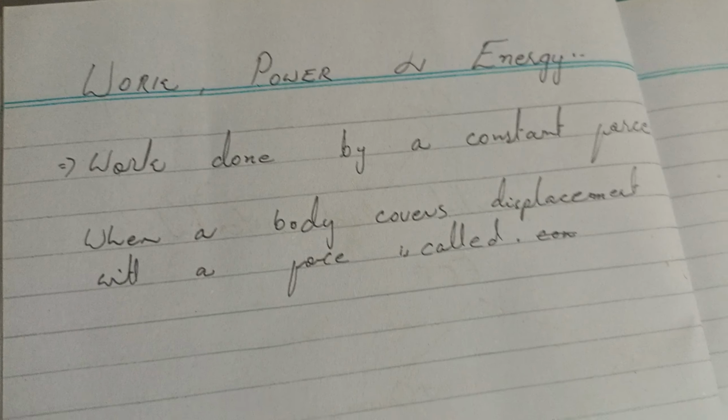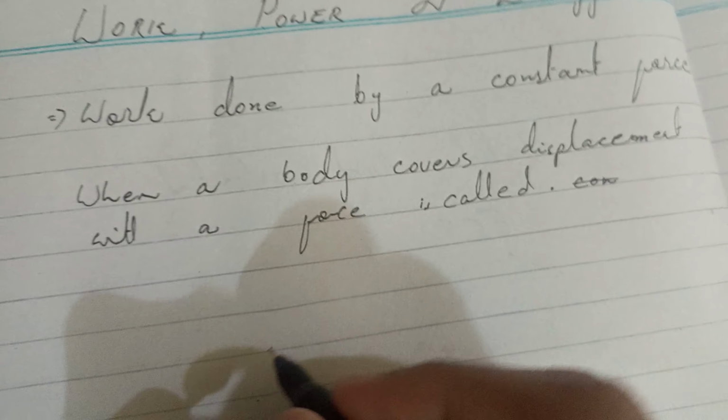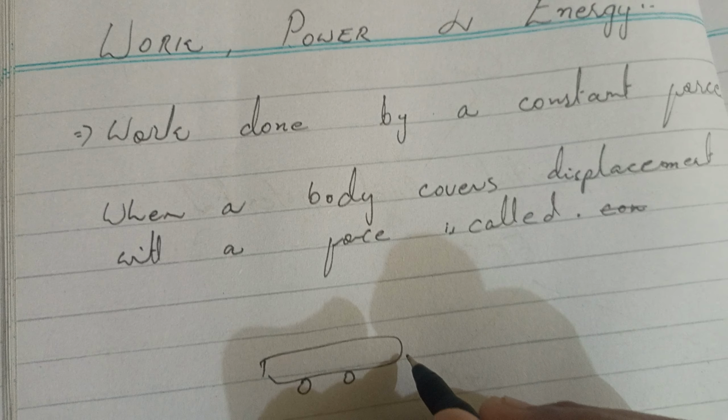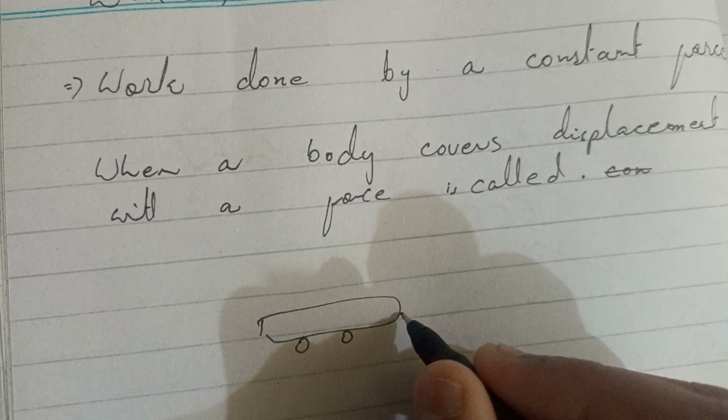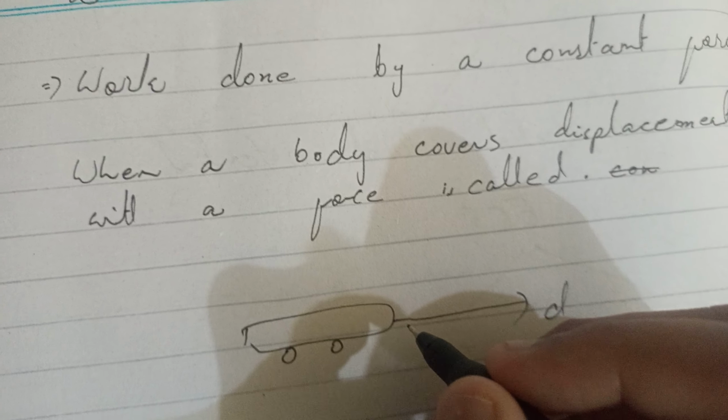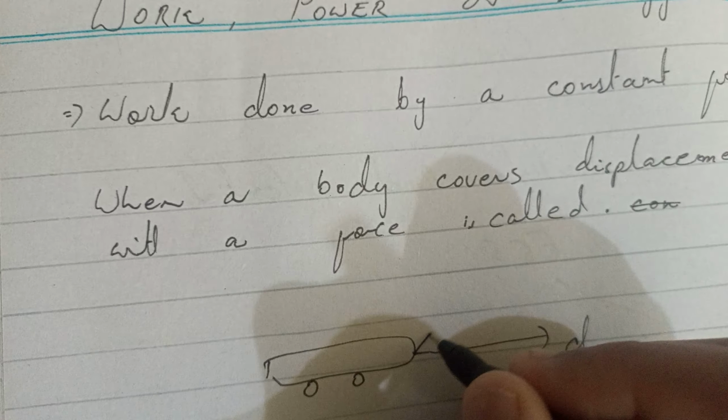So what does it mean? When a body covers a displacement with a force, for example, if you have a car here, and the displacement of the car is forward, and the force makes an angle on this side.